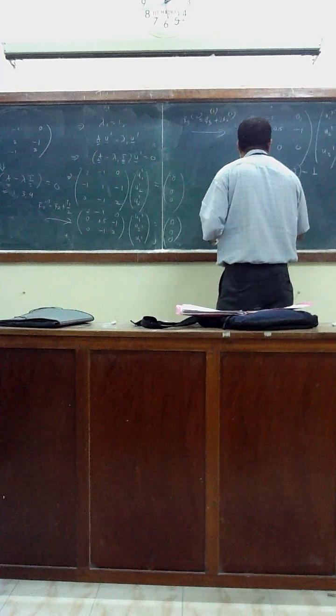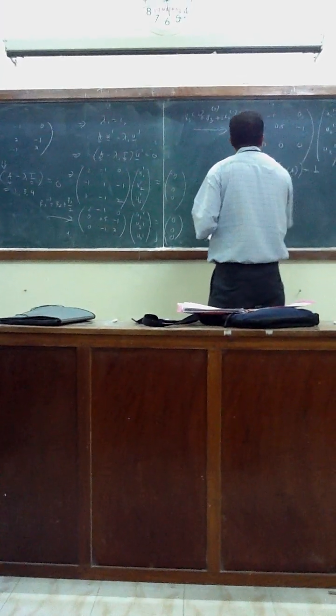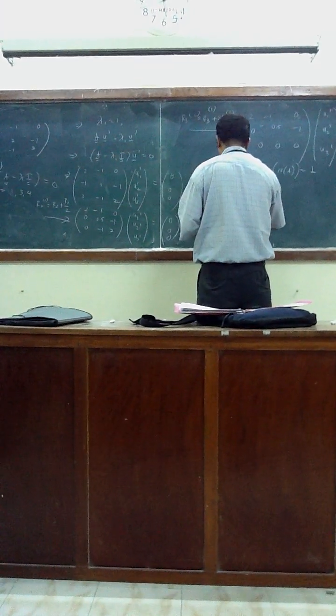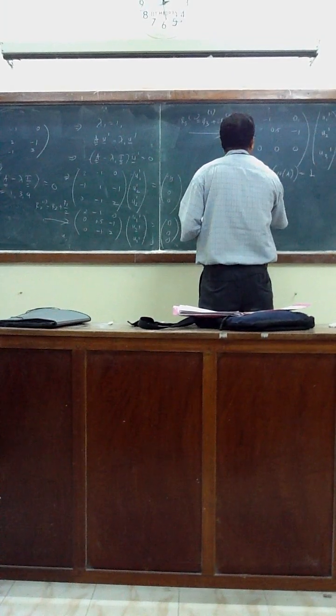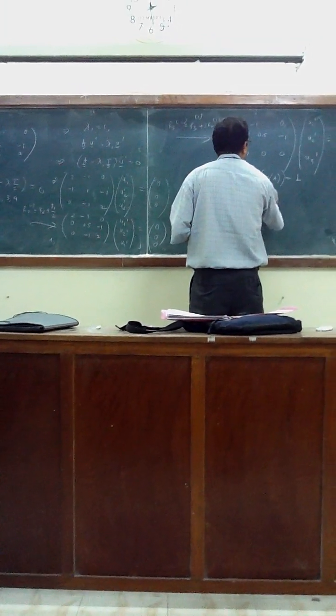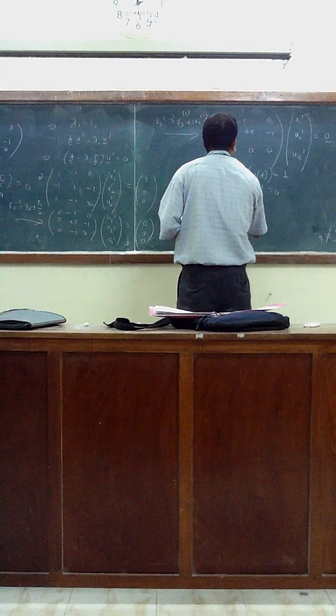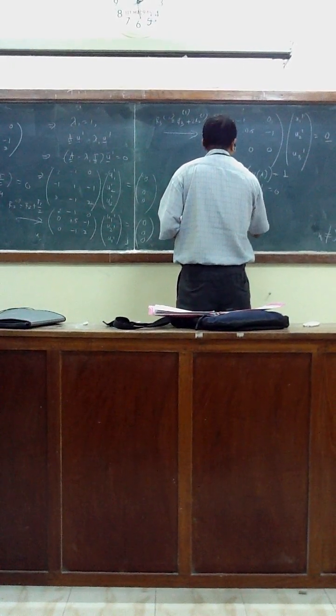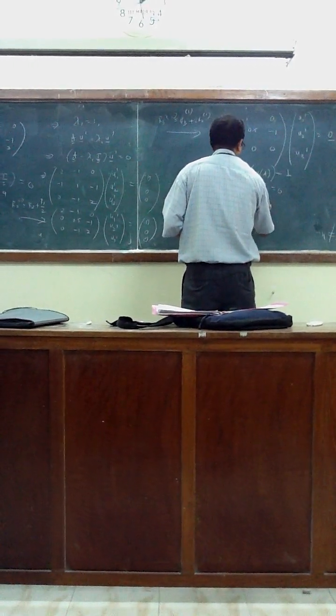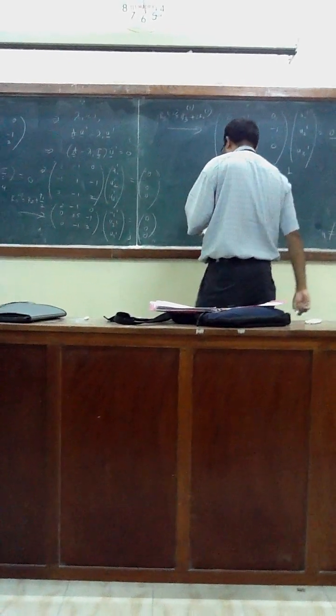And with that, how will you get your equations? Your equations are 2u11 minus u21 equals 0, and 0.5 u21 minus u31 equals 0.